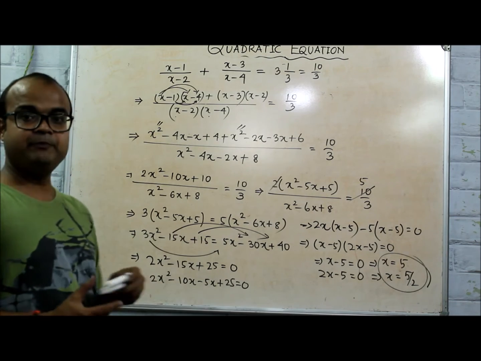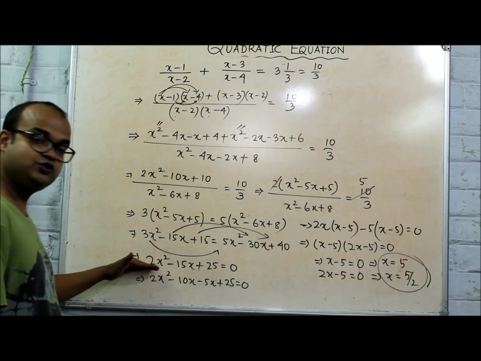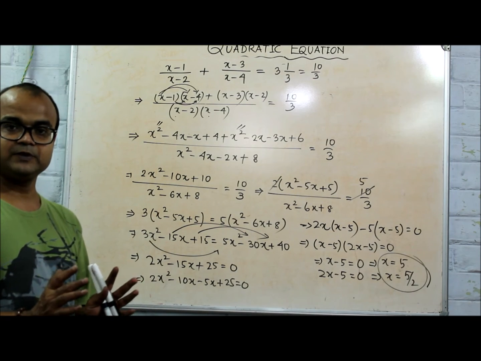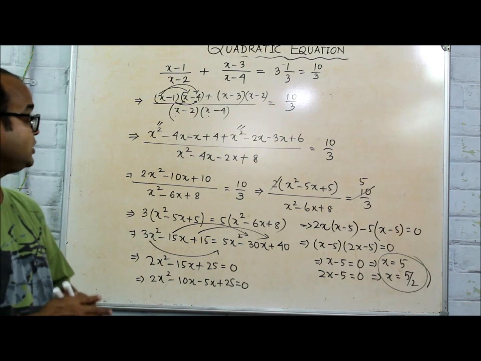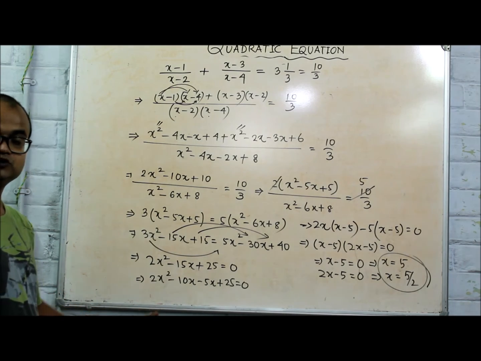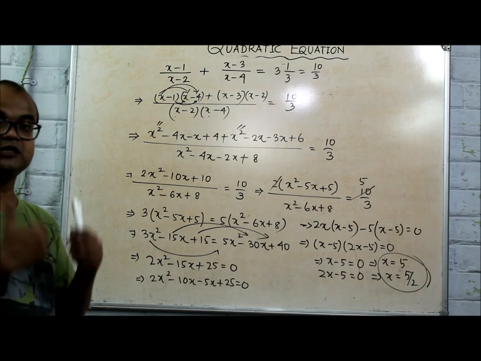In each and every sum, we are simplifying, trying to reduce it into standard form and then applying the middle term factor. The calculation part you need to be very careful about, because if you make any mistake, you will not get the solution. So cross check your calculation, see the solution, get the idea of how to solve the problem.